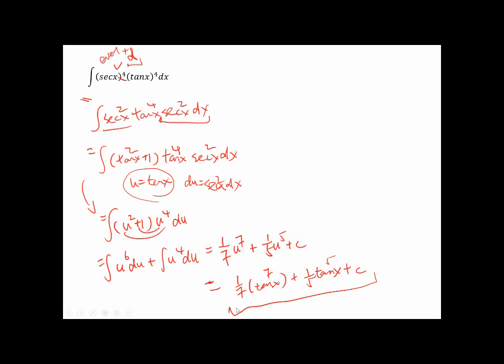And this is my answer. Same method, exactly the same method, so nothing too difficult. Just remember, you want to separate out secant squared. Okay, let's see the next one.